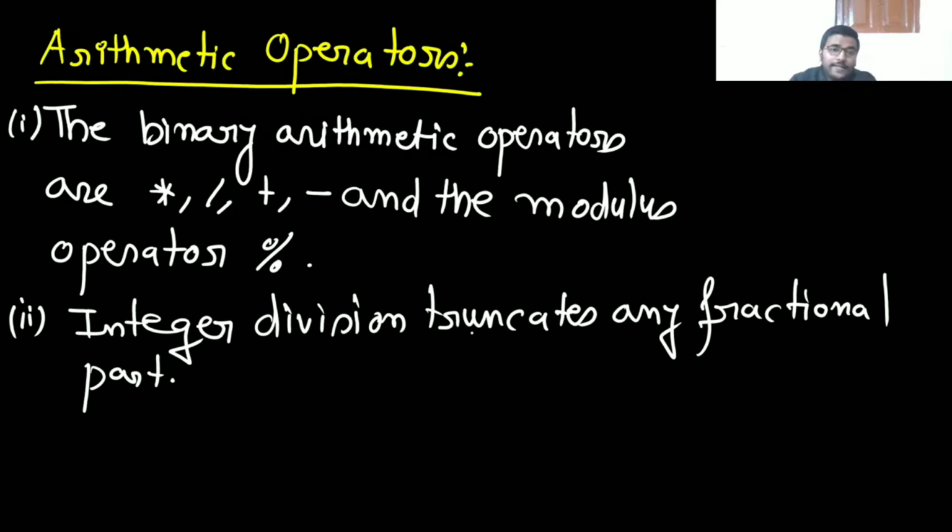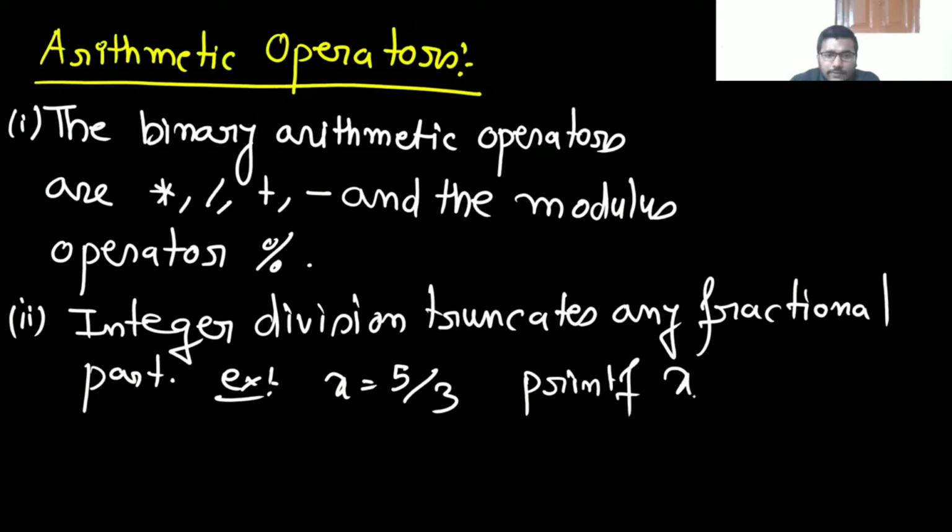So you have seen that integer division truncates any fraction. For example, if I write x equal to 5 by 3 and you print x, it will give output as 1, because it is going to be 1 point something, but it will truncate the fraction part.